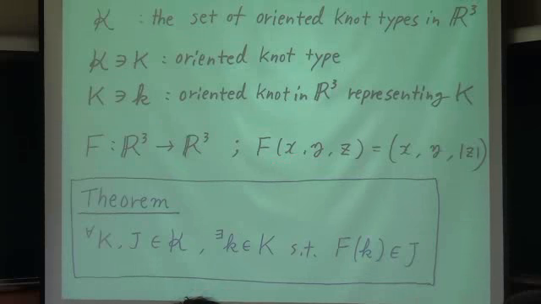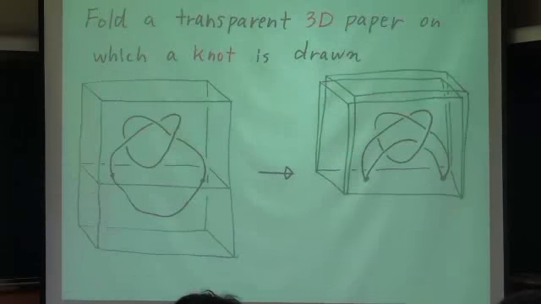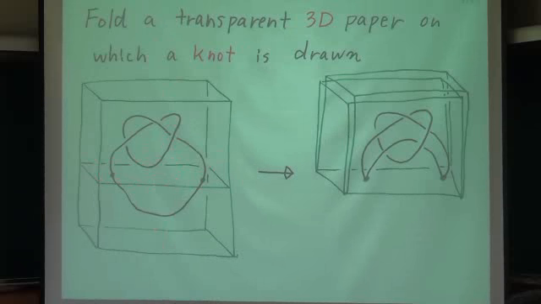So then let this F represent folding. Anyway, let F be a continuous map from R3 to R3 defined by this formula. So X and Y are identical, and Z goes to the absolute value of Z. So we can imagine this is XY plane, and this is Z direction.